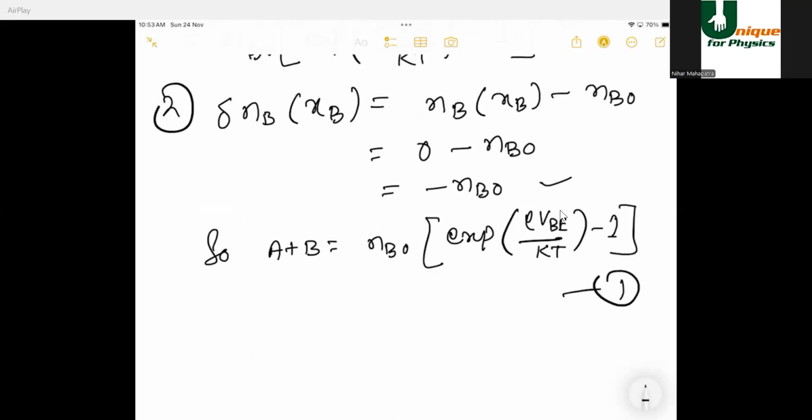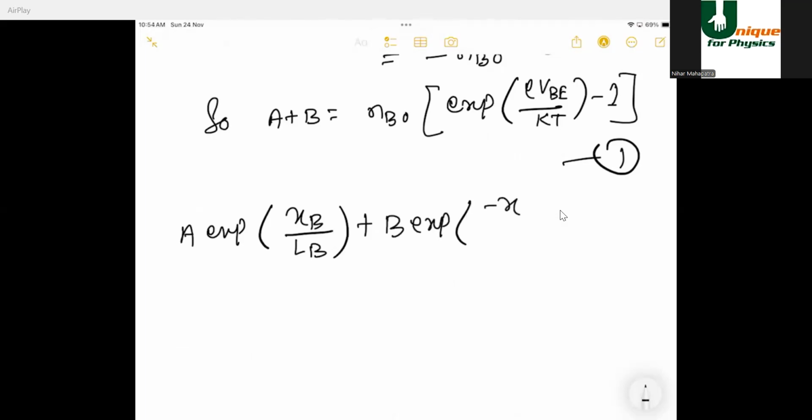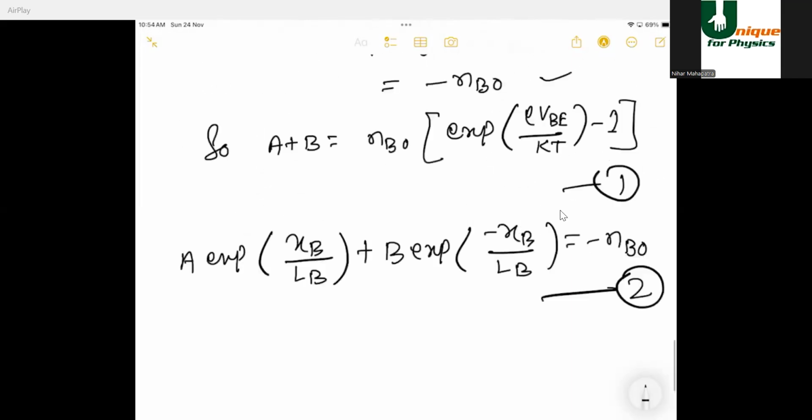That's our equation 1. And similarly, the other: A exponential of xb upon lb plus B exponential of minus xb upon lb is equal to minus nb0. Okay, that's another equation. Then we need to just solve these two.